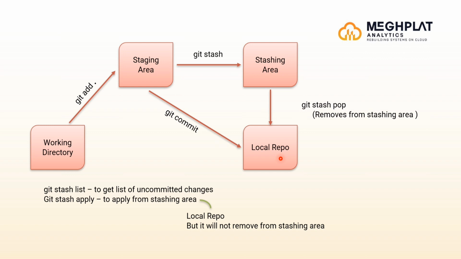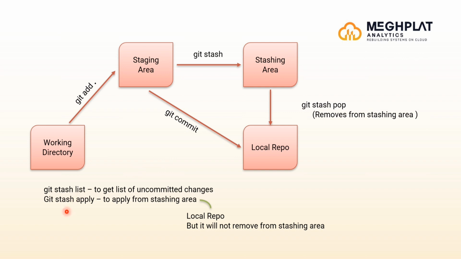If I want to know the list of uncommitted changes in the stashing area, we can give the command git stash list. It will give us the list of uncommitted changes which are already stashed.